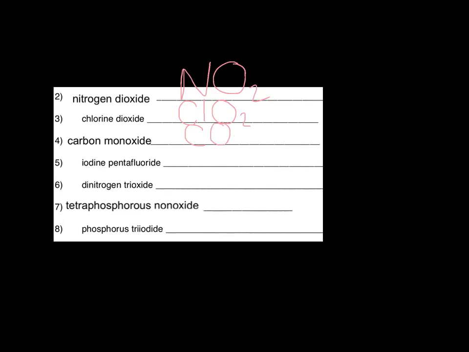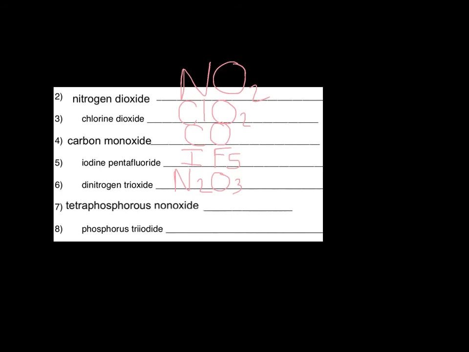Iodine pentafluoride. Iodine is I. Penta is 5, so that must mean I have 5 fluorine associated with it. Okay, dinitrogen trioxide. Di means 2, so I have N2. Trioxide, O3. Tetraphosphorus nonoxide.